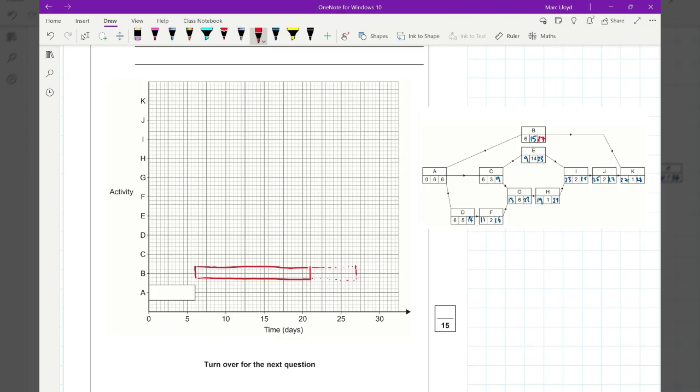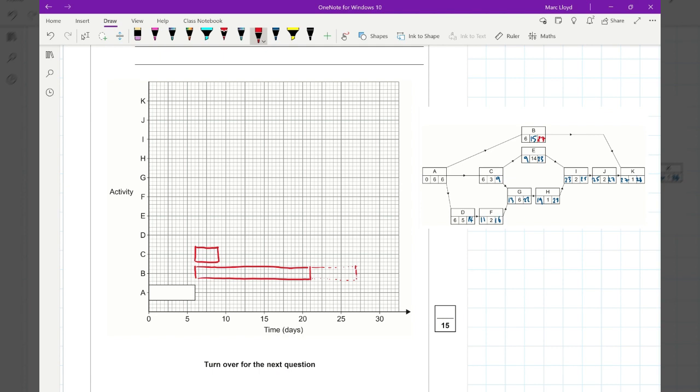Okay. For C, C starts at 6 also. Has a duration of 3. So that takes it to 9. It's tough to draw this. And then because it's a critical value, we don't have to do anything with the extra part.